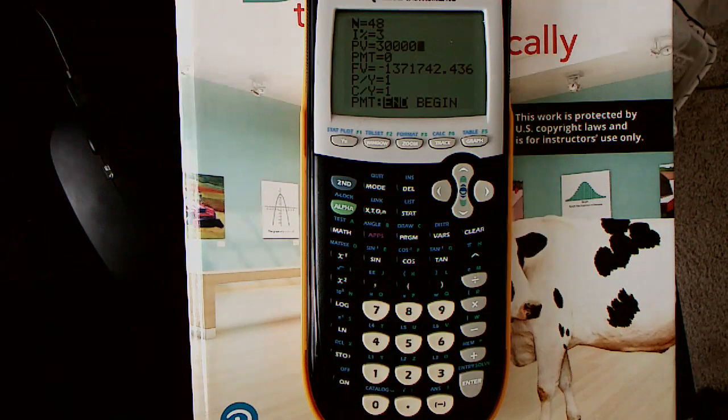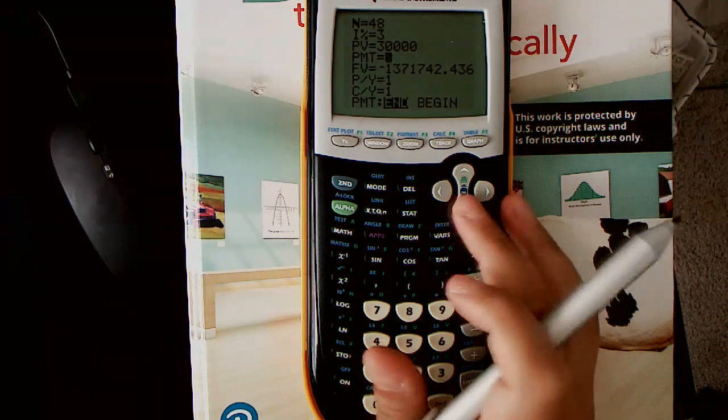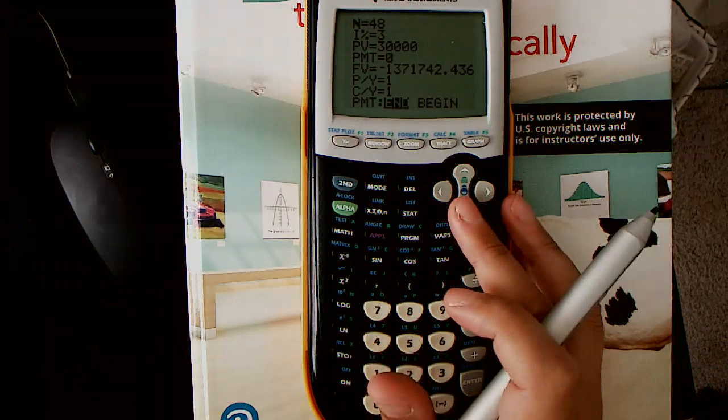When you are finding the monthly payment for getting a car loan or home mortgage, your present value is the money you borrow, the total loan amount. Monthly payment is the item we are trying to solve for, so leave it as 0.